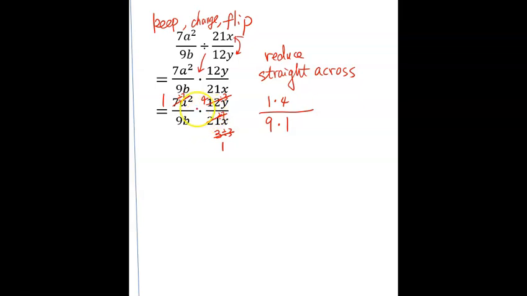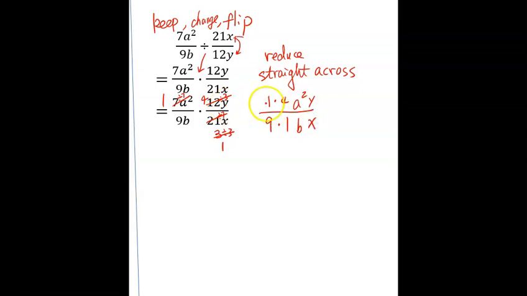Next, let's try to reduce the variables. Notice in this case, the top has variable a squared, which means 2 copies of a, but the bottom doesn't have any a's. So we cannot reduce any a's. And y, the top also has a y, but the bottom doesn't have any y's. And again, the top doesn't have any b's or x's to reduce. So it looks like for the variables, there's nothing we can reduce.